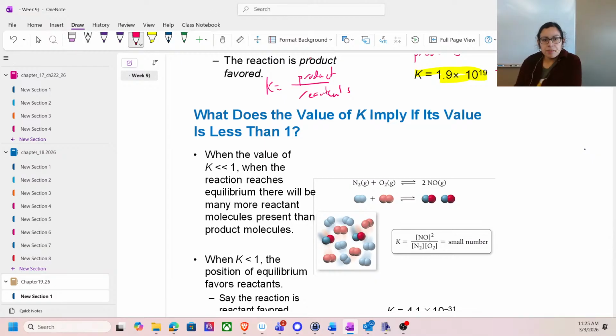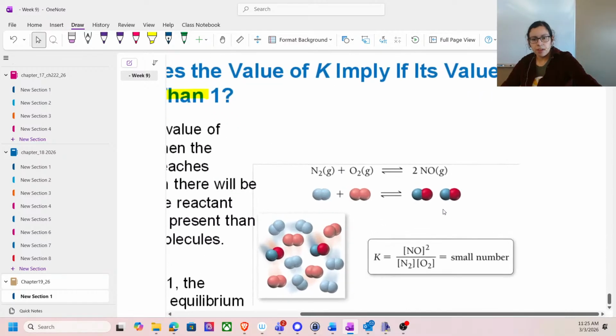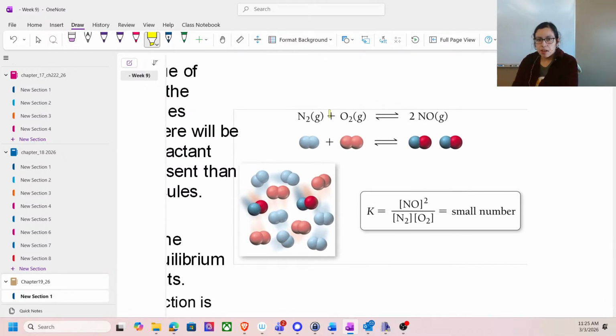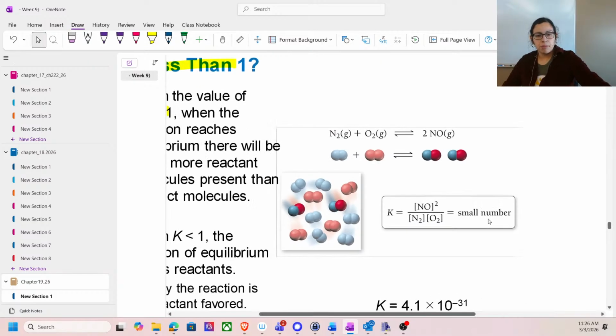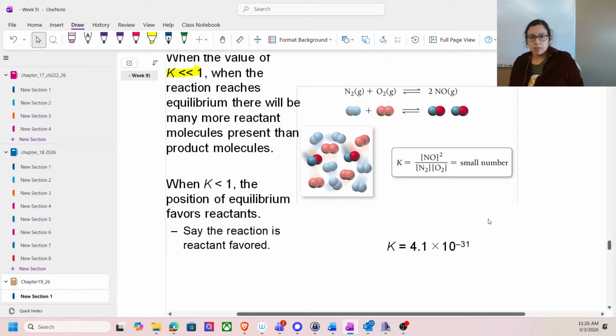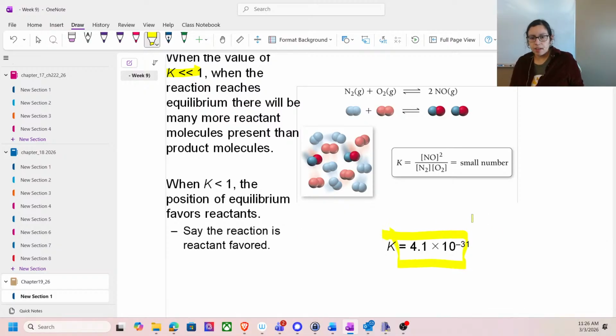And then, of course, if K is less than 1, in this case we're looking at the equilibrium constant of N2 plus O2 gives us 2 equivalents of NO. And again, right here's the equilibrium expression, which I think people are understanding, right, how to write this symbolically. So NO squared over N2 times O2, and then this is a small number. And so, right, very small K. So again, think about the implications.